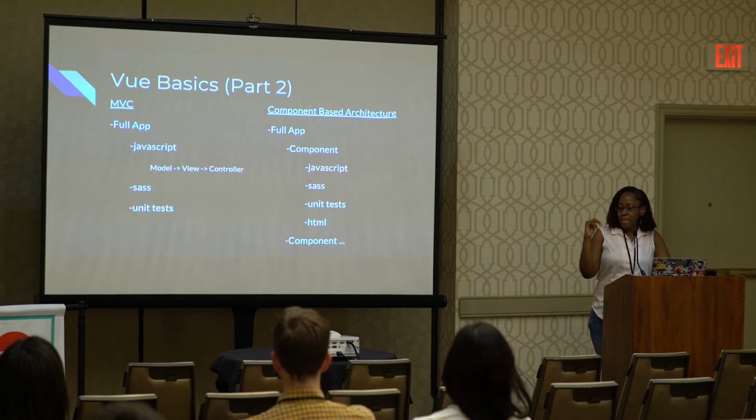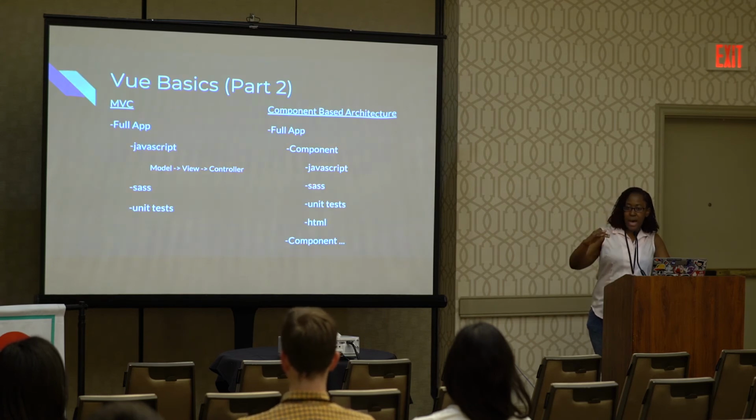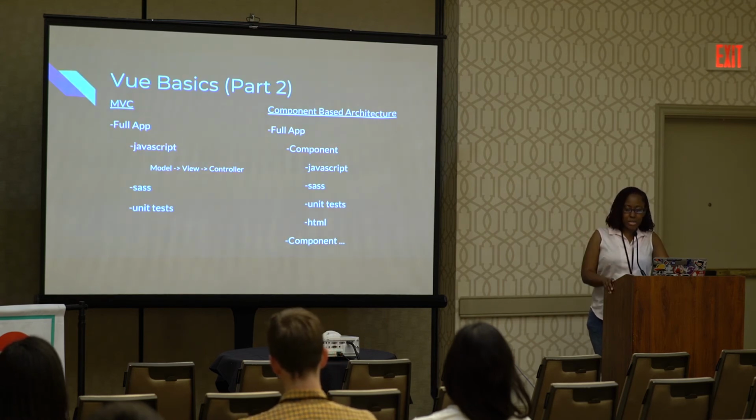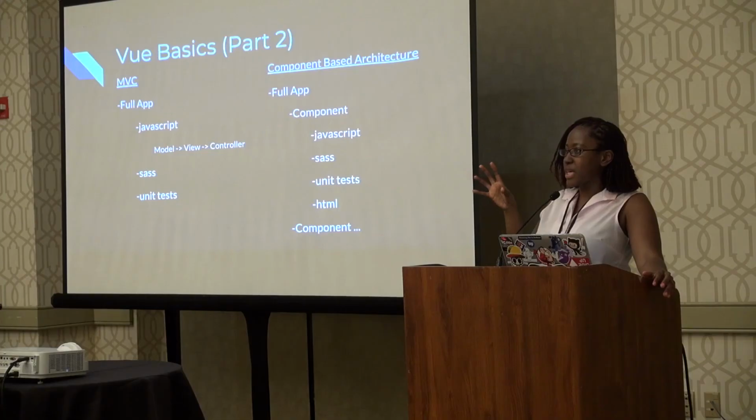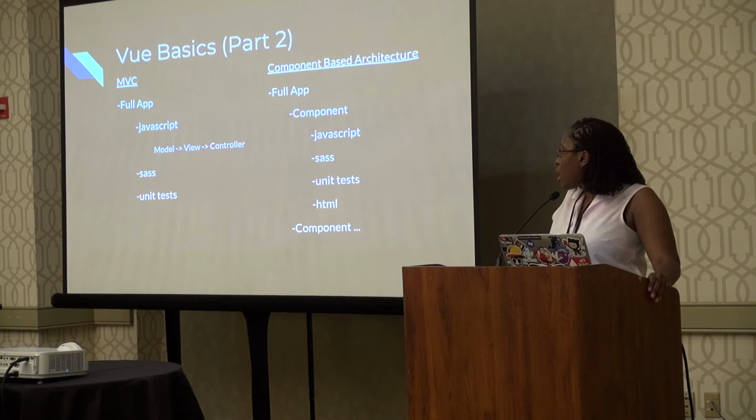It might have a view, but it wouldn't necessarily be in the same directory. And then you would have your Sass and your unit tests on the outside, and that made it so that when you were working on something specific in a page, you had to basically search for whatever specific information you were trying to work on, or specific code that you were trying to refactor.